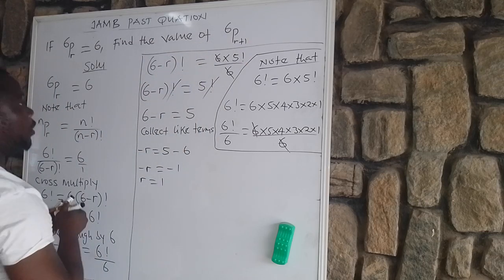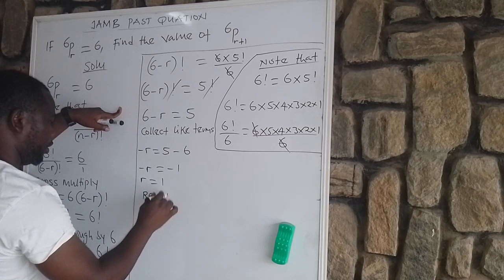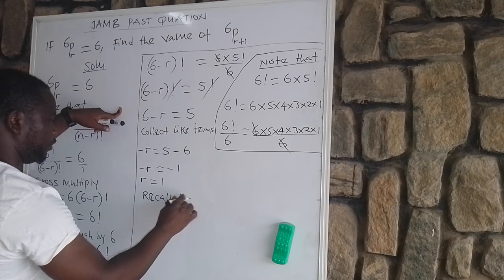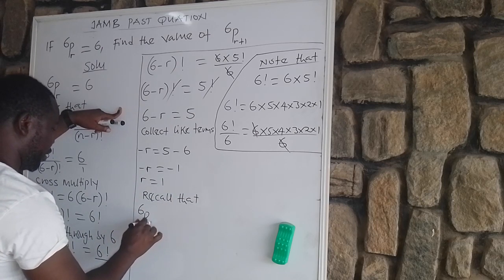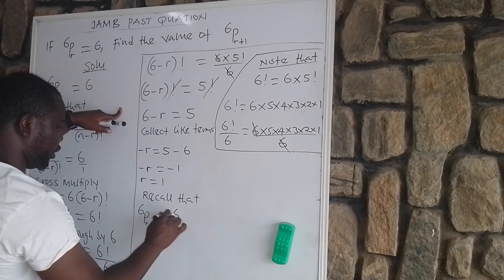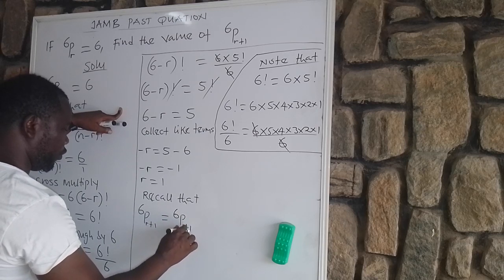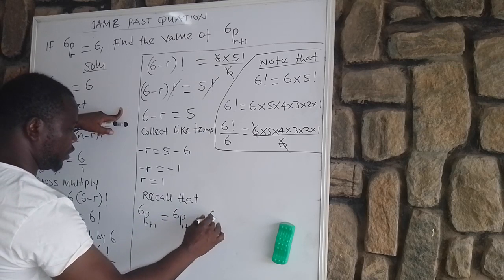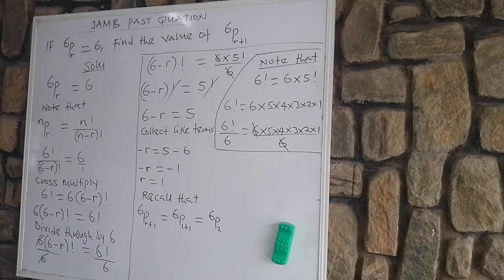So let's recall that we have 6 permutation r plus 1, where r is 1. That is 6 permutation 1 plus 1, which equals 6 permutation 2. So we come back to this formula.